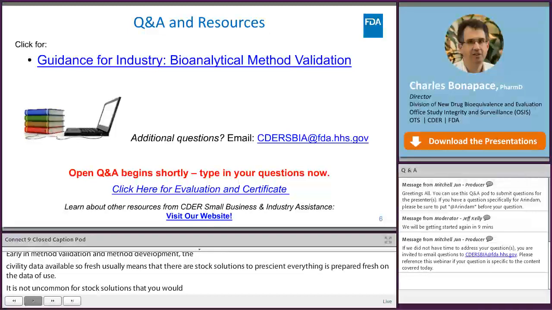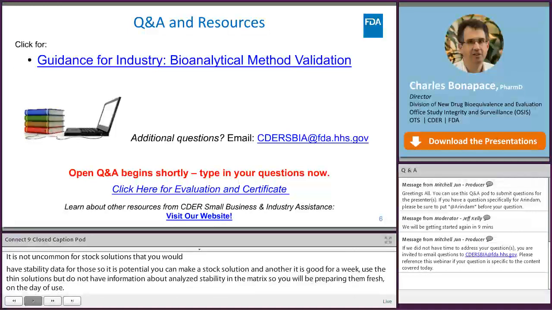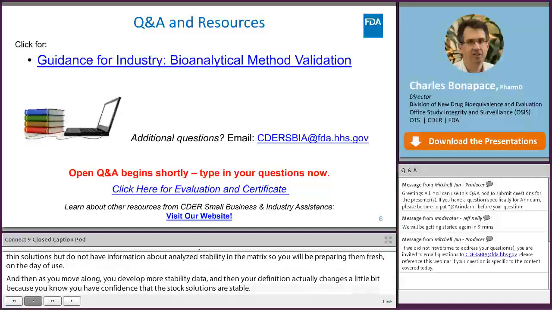And then as you move along, you develop more stability data, and the definition actually changes a little bit, because you have confidence that the stock solutions are stable, the analyte is stable, potentially for a short period of time. So I think the answer is it depends on what is known at the time in method validation.